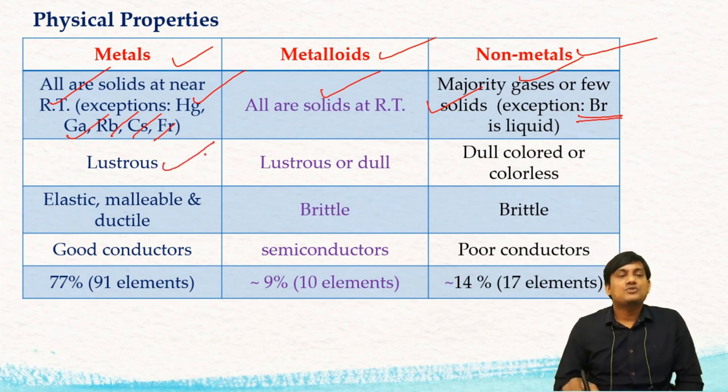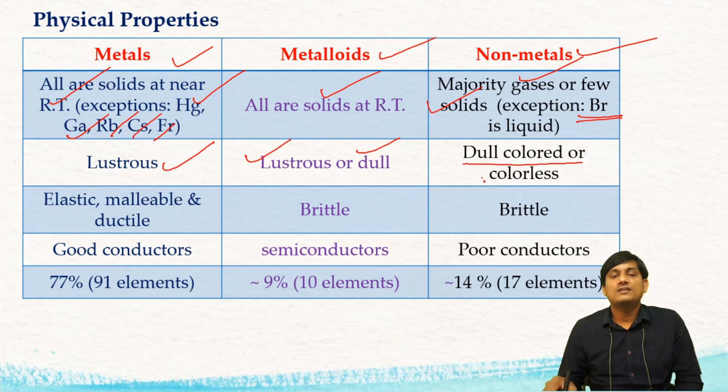Metals are lustrous, shiny in appearance. Most of the metalloids are also lustrous and some are dull in appearance. Non-metals are dull colored or sometimes colorless. Metals are elastic.